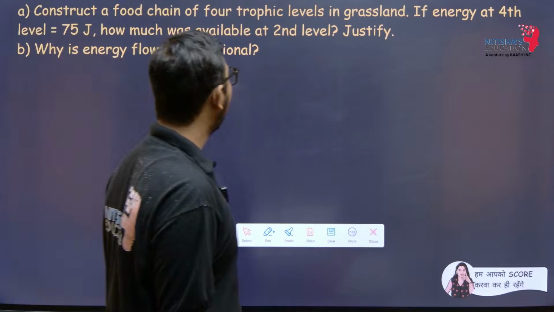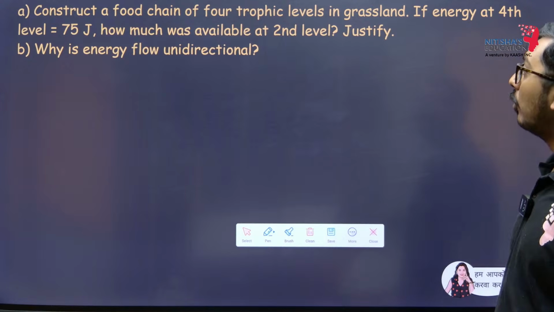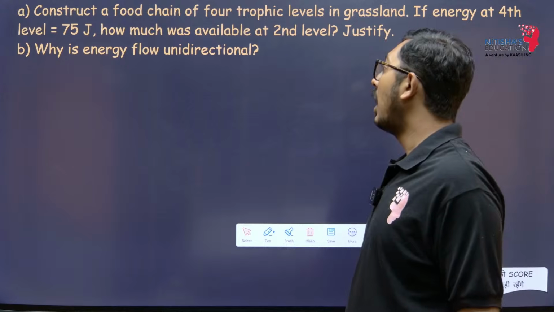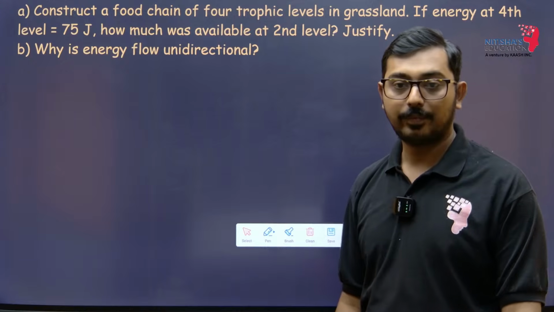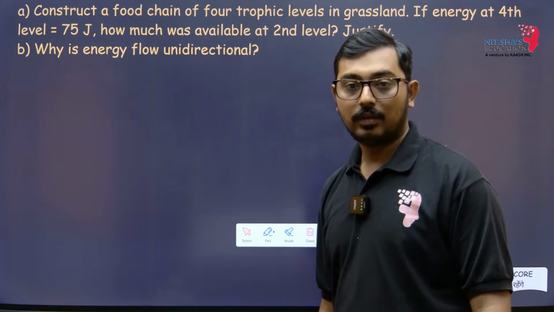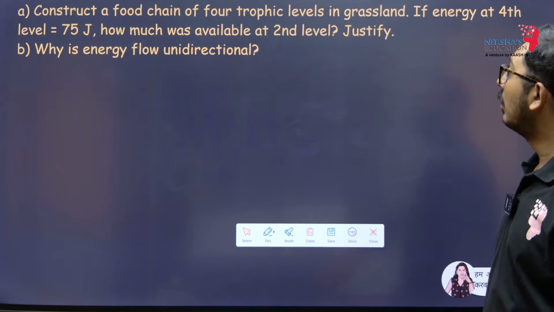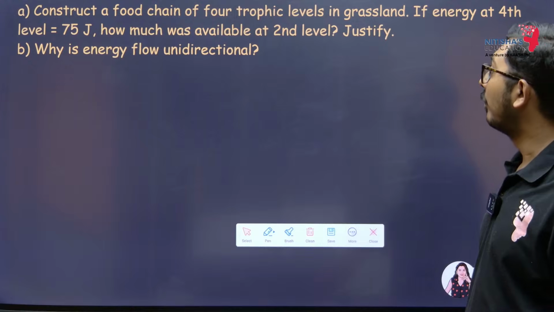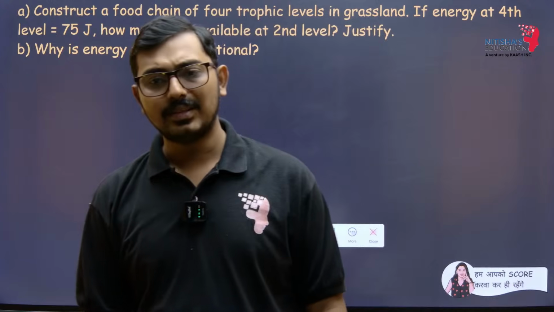Construct a food chain of 4 trophic levels in a grassland. If energy at the 4th level is 75 joule, how much was available at the 2nd level, and justify. First of all, we will try to find the 2nd level energy. Now what happens?